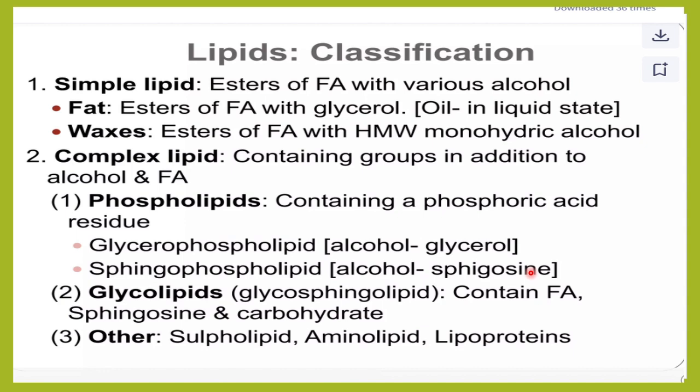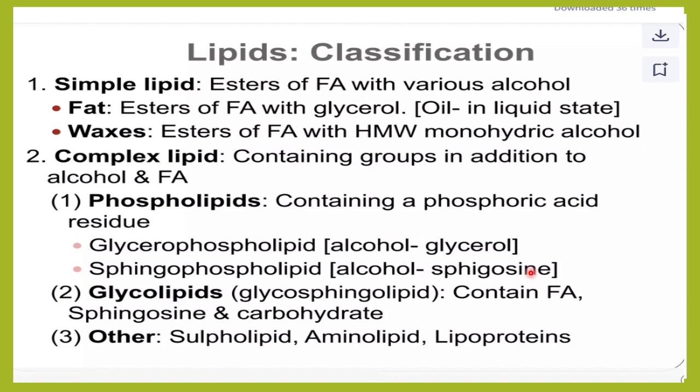You have complex lipids, that is when the lipid is associated with protein, etc. Like you have phospholipid with a phosphoric acid group. You have a glycolipid which is associated with sphingosine, carbohydrate, etc., with the glycolic group.